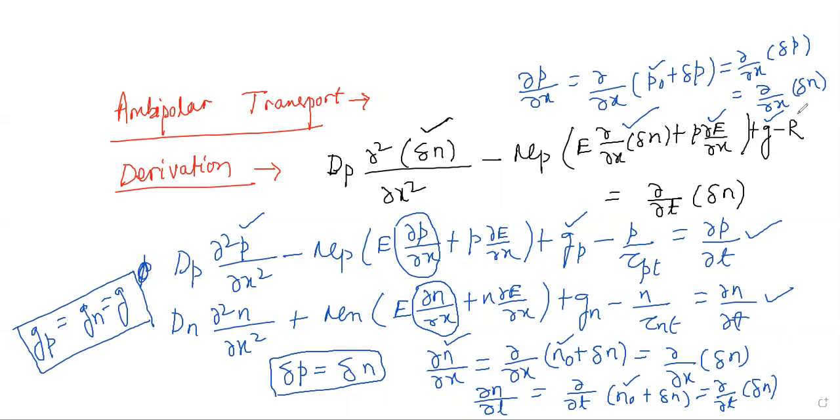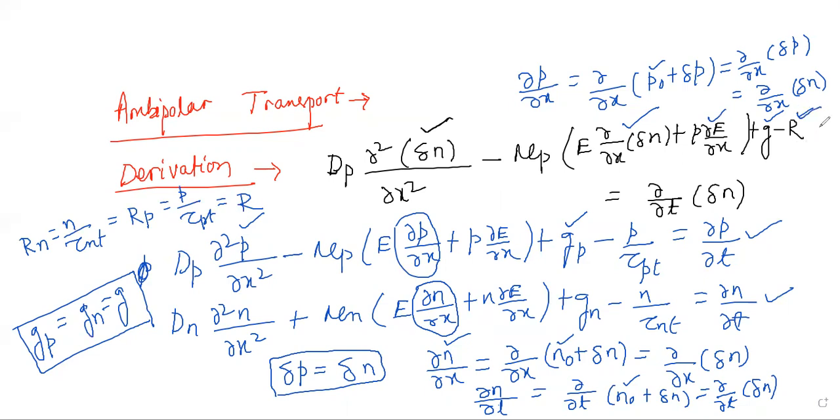In the same way, the rate of recombination I just wrote as R. What do I mean by that? The rate of recombination of electrons is n by tau_n, which is equal to the rate of recombination of holes, p by tau_p, and assuming they are the same, I wrote only R for that.